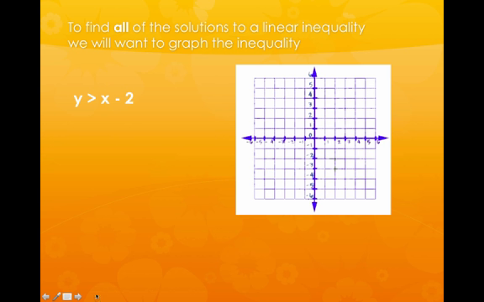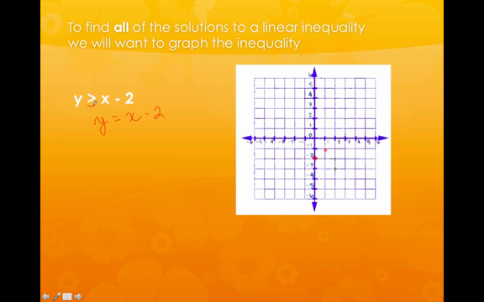So we want to be able to find all the solutions to a linear inequality. So we're going to have to start by graphing the inequality. Well, to do that, I'm going to graph it as if it were an equality. So essentially I'm graphing the line y equals x minus 2. So I've got a y-intercept of -2, a slope of 1.